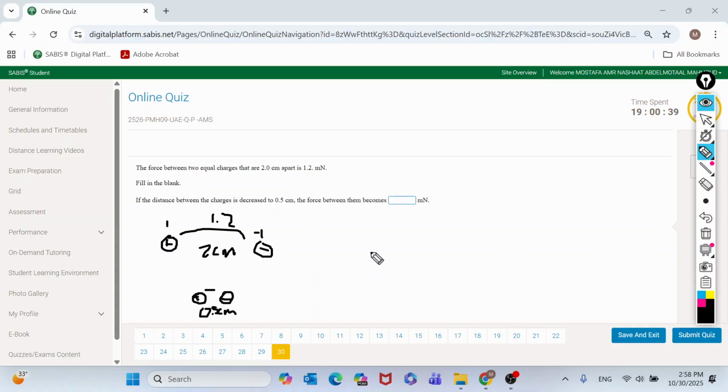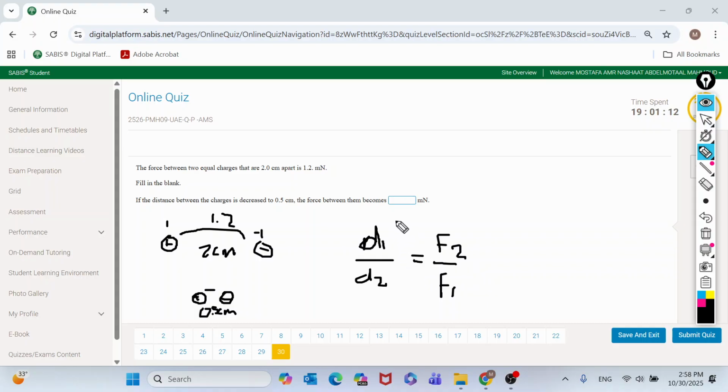So they're inversely proportional. So it's going to be D1, the distance 1, over D2 equals F2 over F1. But guys, this would give you the wrong answer.